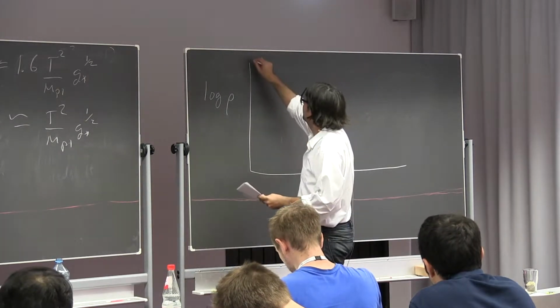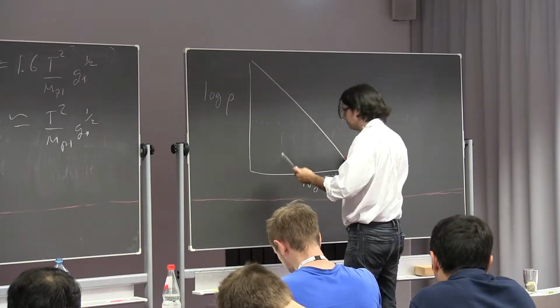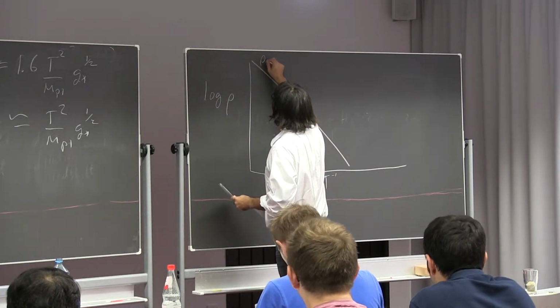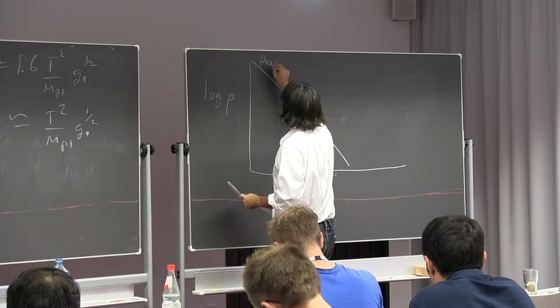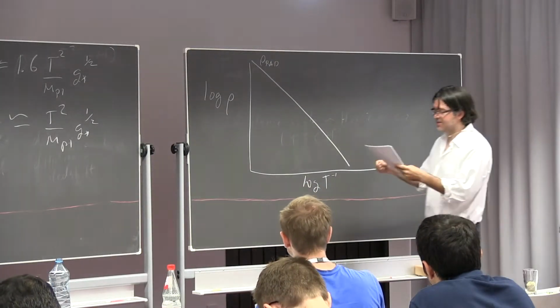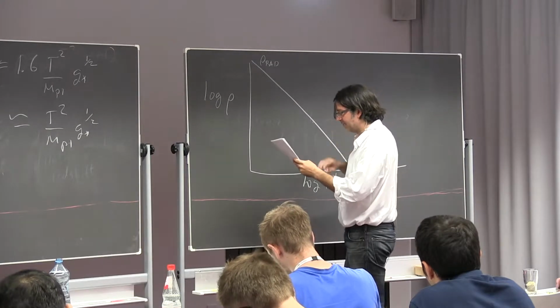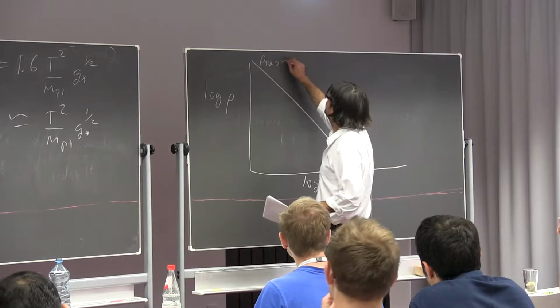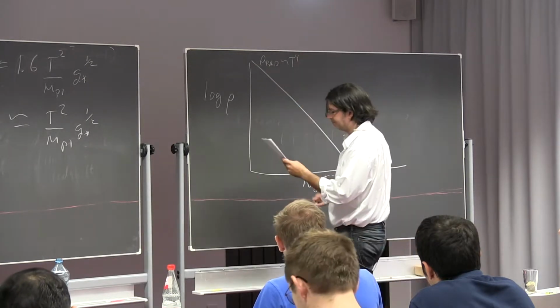So at early times, you have a radiation component which is dominant, and this component is dropping off like T to the 4th.